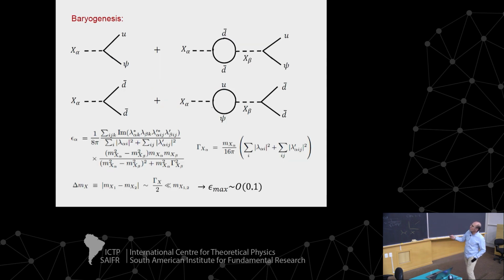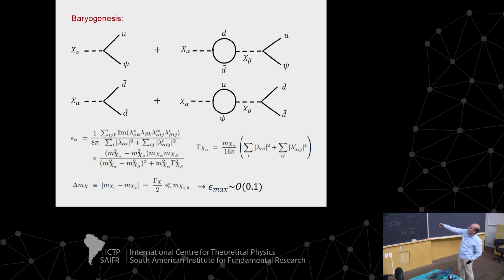Let me show you this, and then I can stop and continue in the afternoon if possible. As usual, we get the interference between these 2 terms. For those interactions there is no vertex term, so we have only self-energy terms. X can decay to 2 right-handed up-type quarks and also to an up-type right-handed quark and this psi. This is the expression for the asymmetry, which is messy.